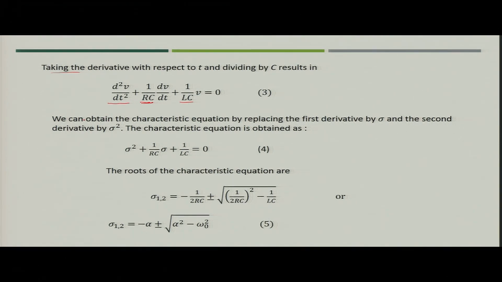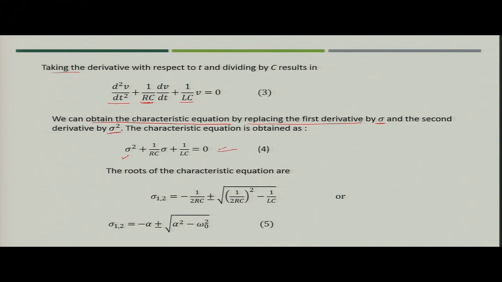Now, we can obtain the characteristic equation by replacing the first derivative by sigma and the second derivative by sigma square. So, if you put sigma and sigma square in this equation, you will get sigma square plus 1 by RC into sigma plus 1 by LC equal to 0.